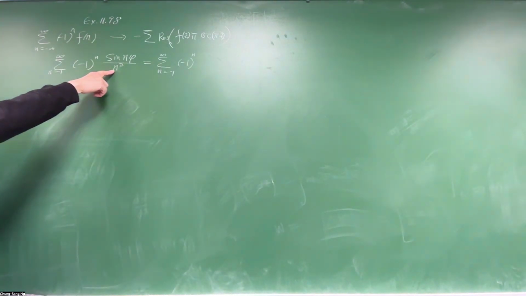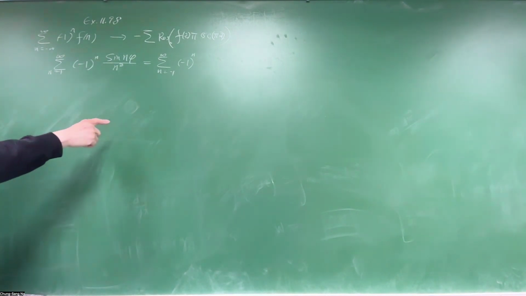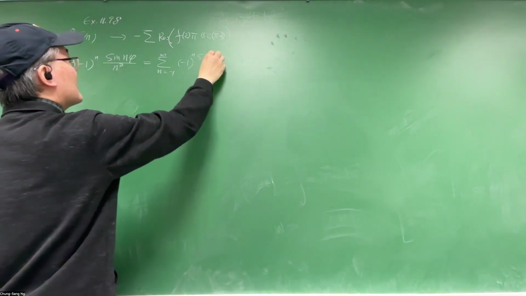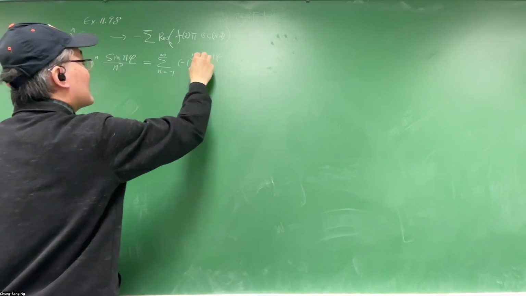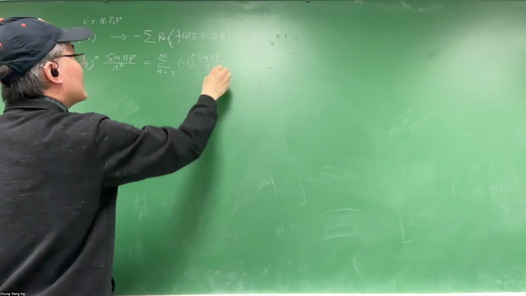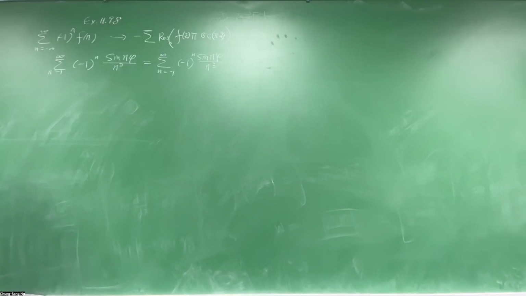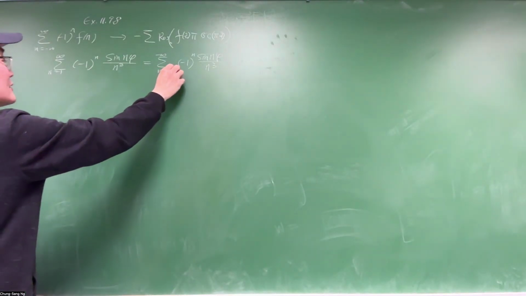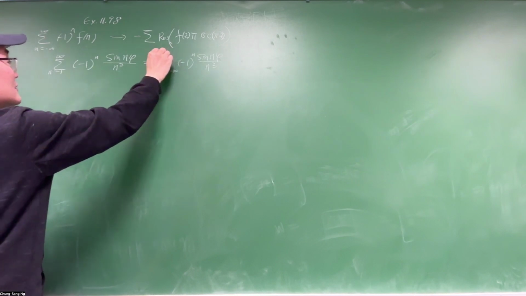And n to the cubic power changing the sign gives you also a minus sign. So these two minus signs cancel, right? That would be n. So it's the same, and then the limit doesn't matter.